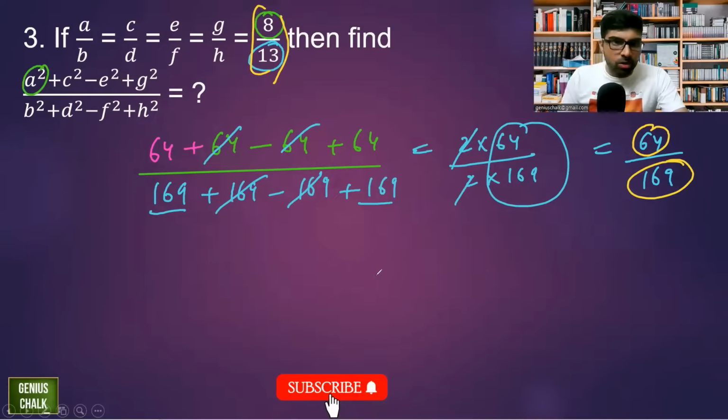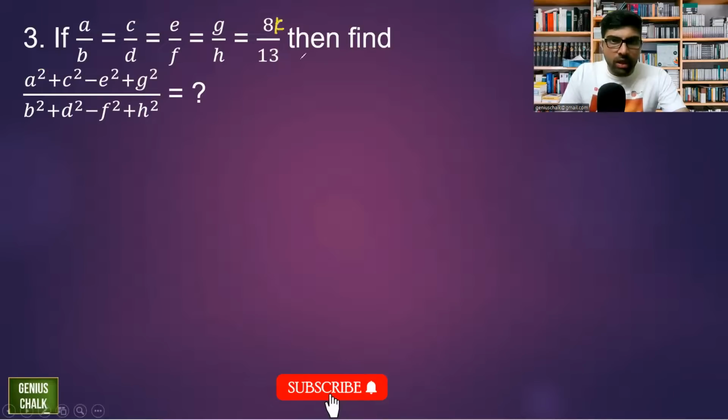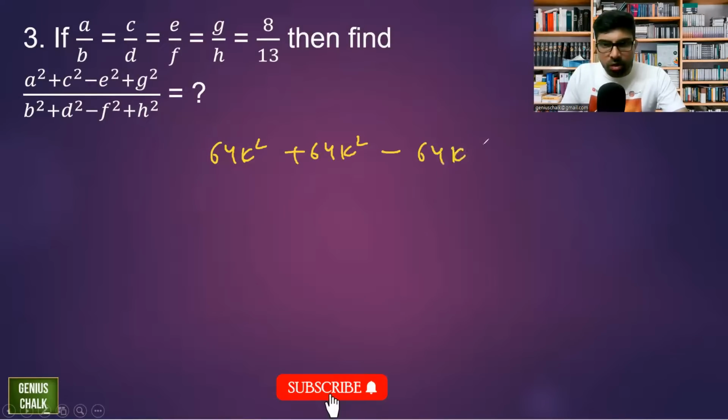If you want to prove this using some K, so again if you take this K, we have solved in the same manner. You will be left with 2 into 64k square, like 64k square plus 64k square minus 64k square, because it is 8k. So if you square it, it will become 64k square, and it is also 64k square.